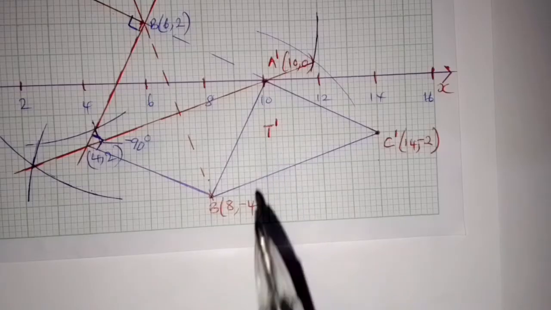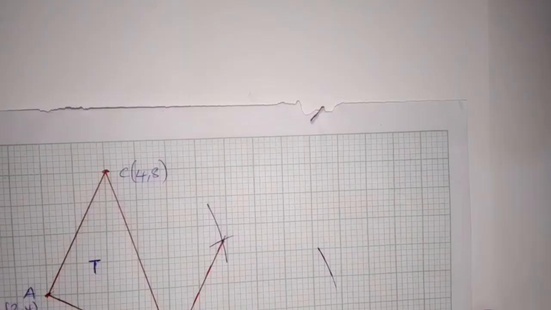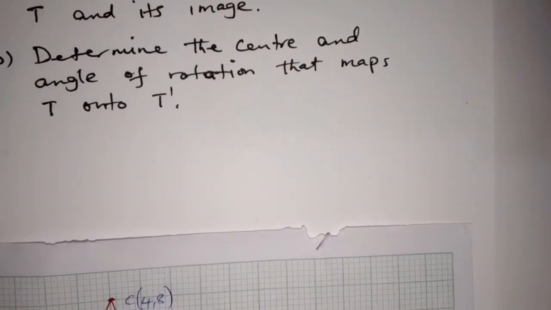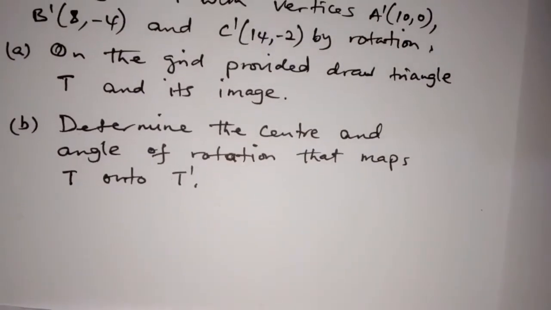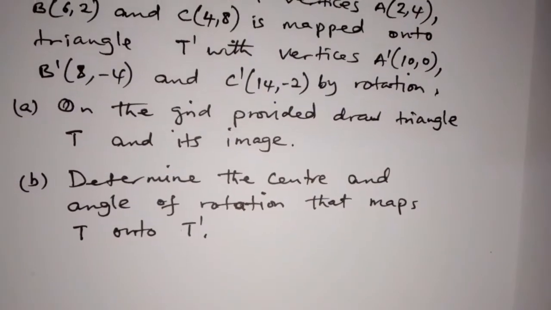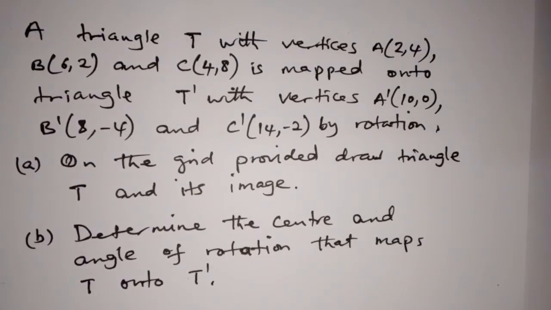That is part A. Then part B: determine the center and angle of rotation that maps T onto T prime.